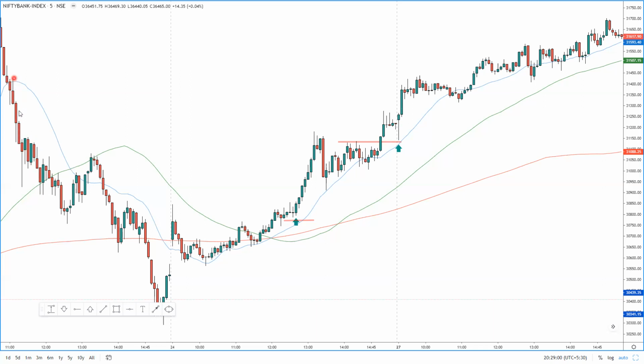And after coming down this fast, they try to stabilize at the rising 50 MA. So we have on the one hand a downward sloping 20 MA, and on the other hand the rising 50 MA.